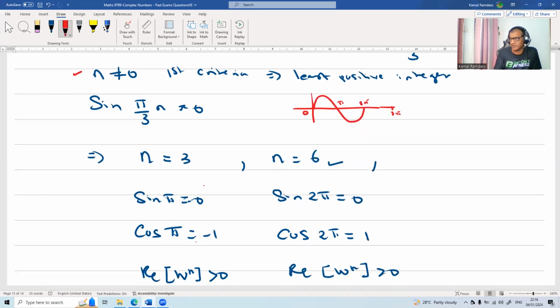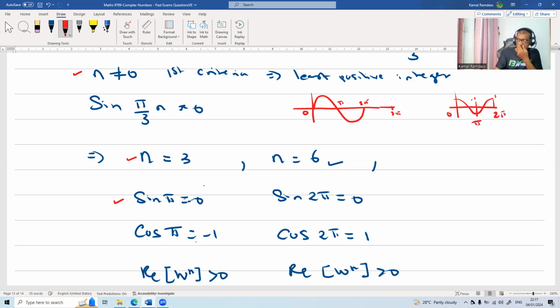When n is equal to 3, sin de pi est égal à 0. On cos maintenant. Cos dit comme ça. OK? Et cos de pi, c'est minus 1. Cos de 2 pi, c'est 1. Cos de pi sur 2, c'est 0.